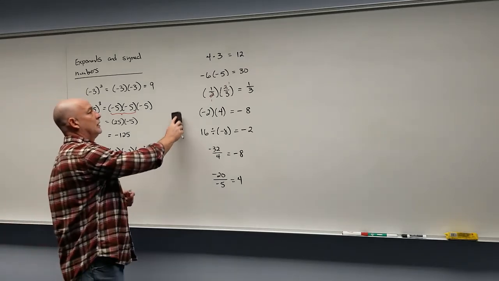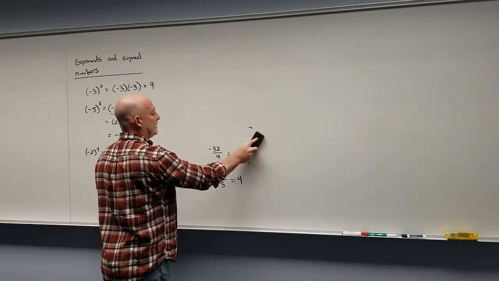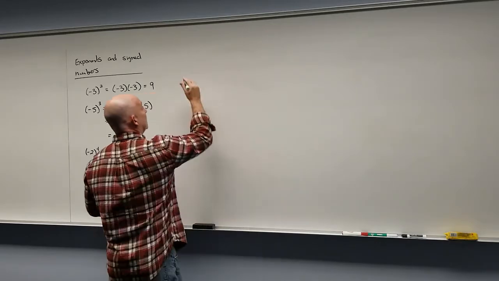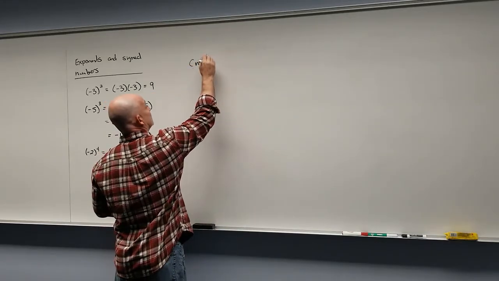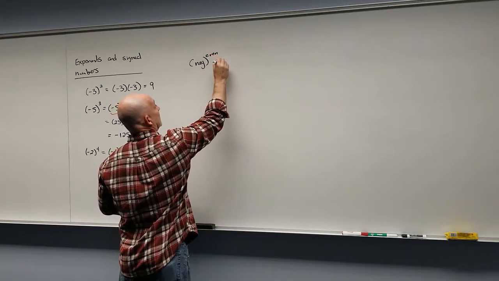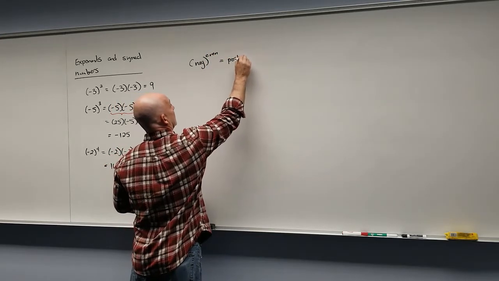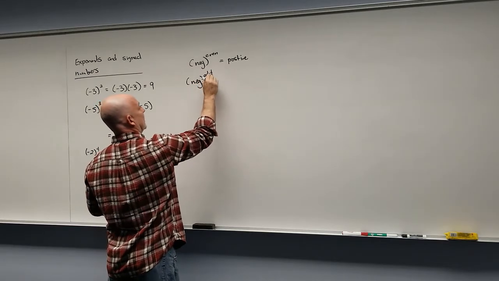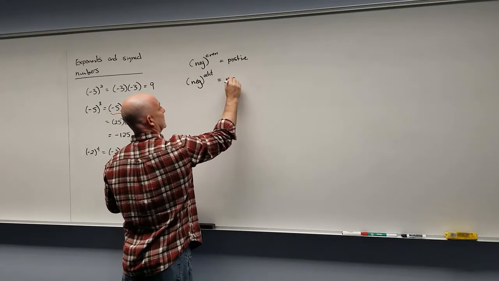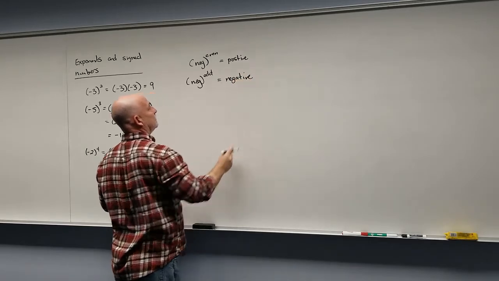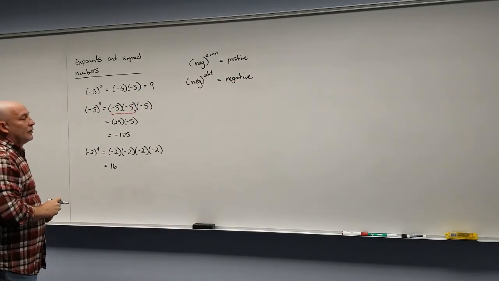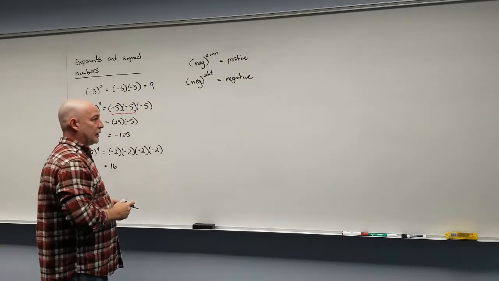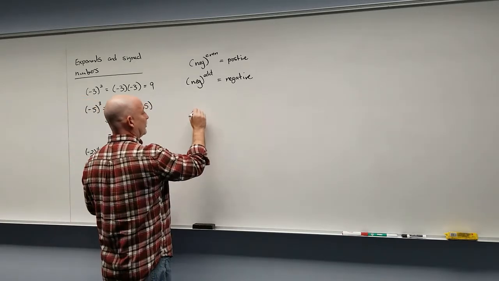All right, so kind of an easy way to remember this, if you have a negative to an even power, the answer is positive. And if you have a negative to an odd power, the answer is going to be negative.